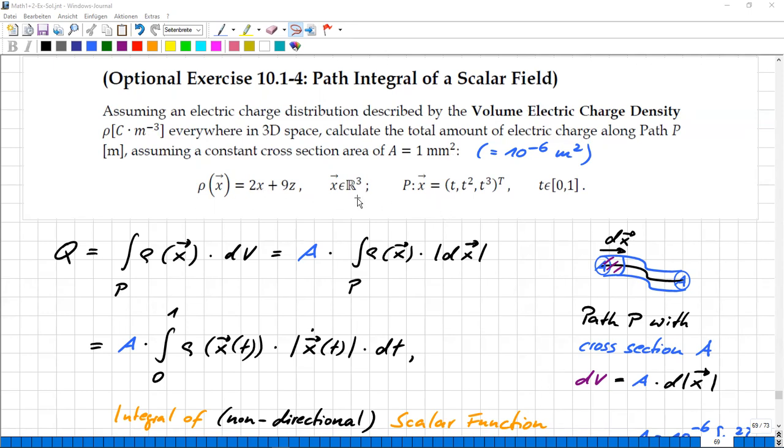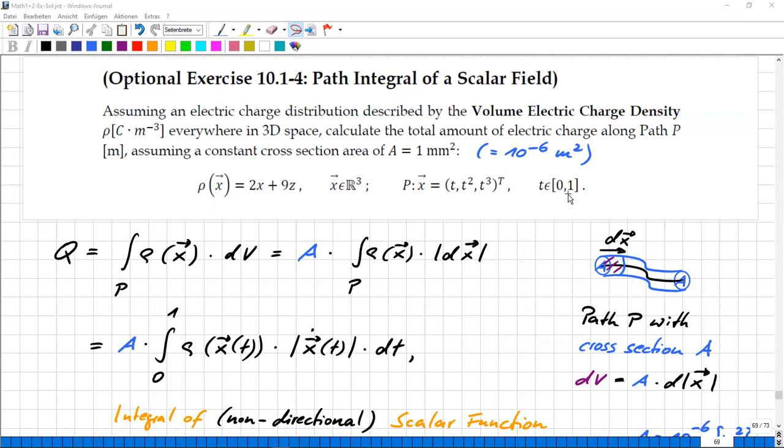And if I save some space by putting it as a row vector, I always use this transposed symbol. Just don't care. Now, this is the path in space, and t increases from 0 to 1.